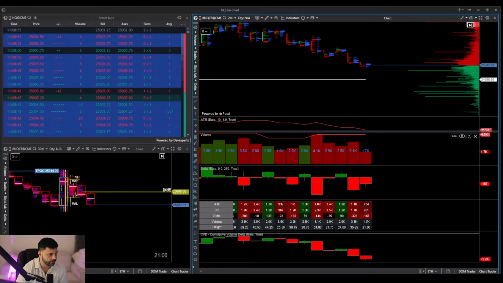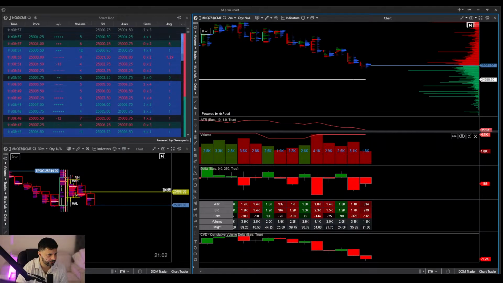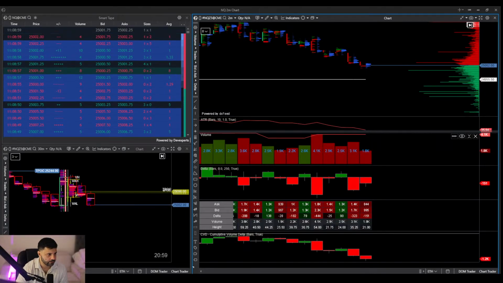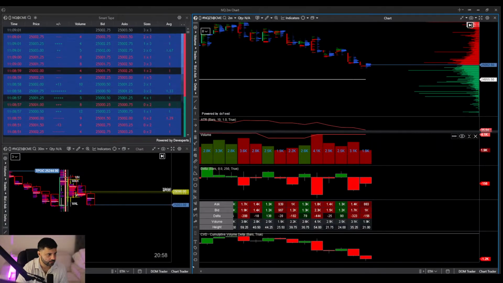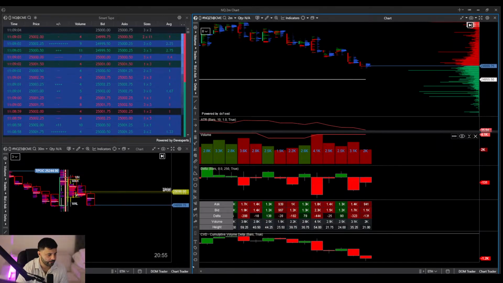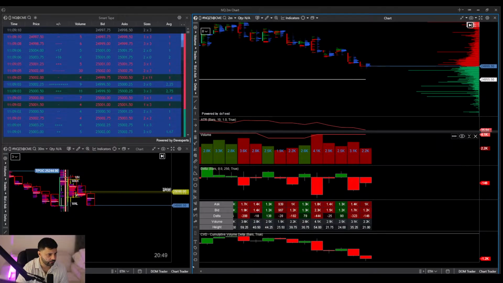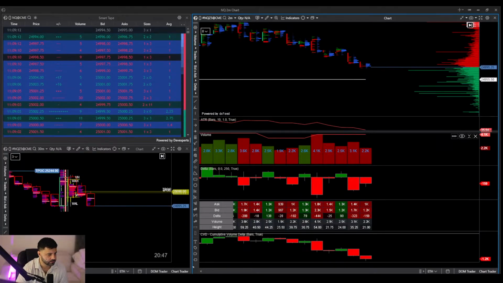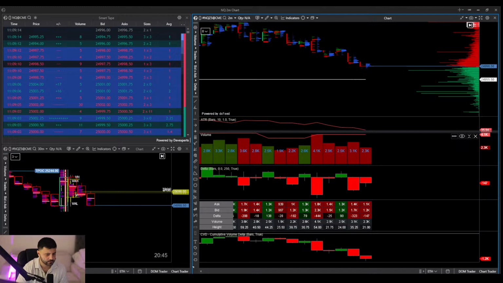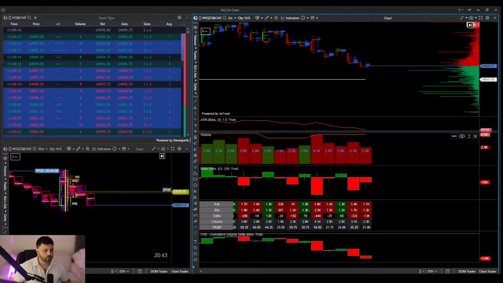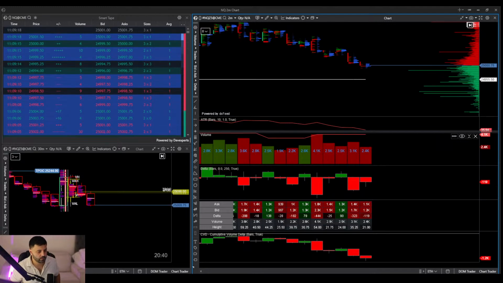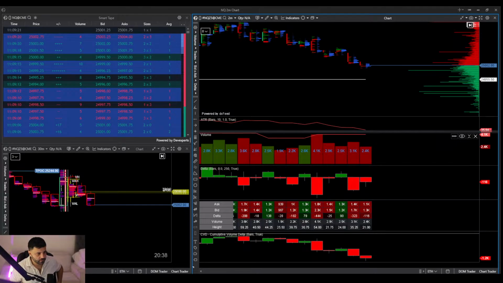If bulls regain some strength, maybe I'll take a trade. If you can regain the value area low, might take a trade back up to here. But for now, I'm going to sit out and wait for lower levels, if we get them.